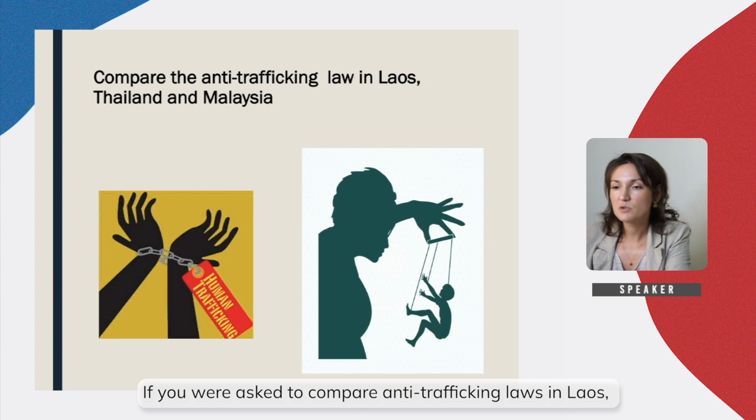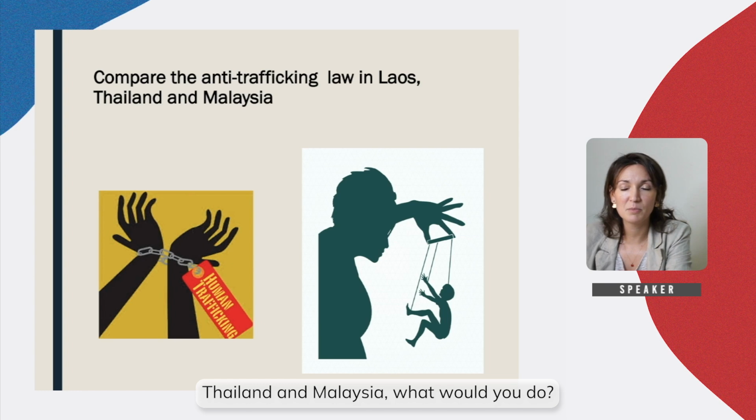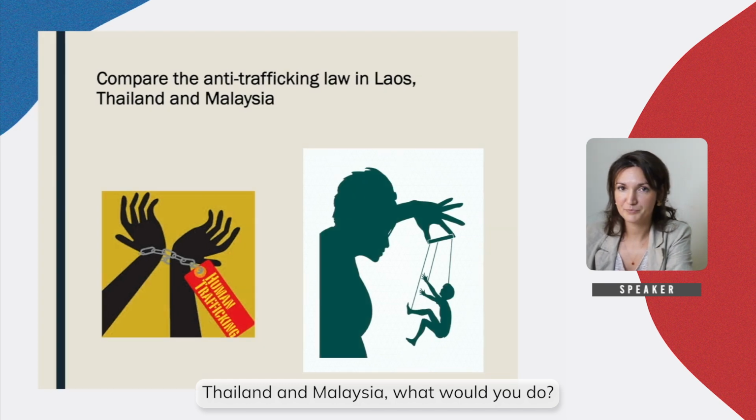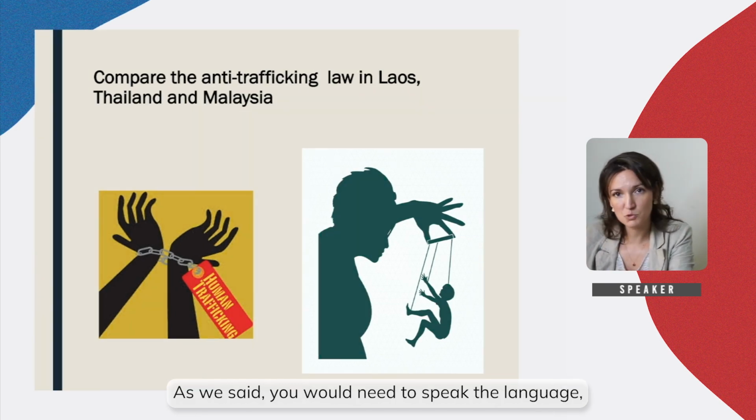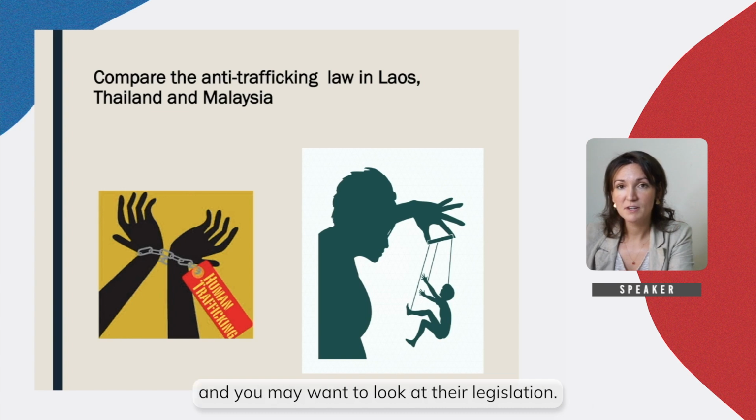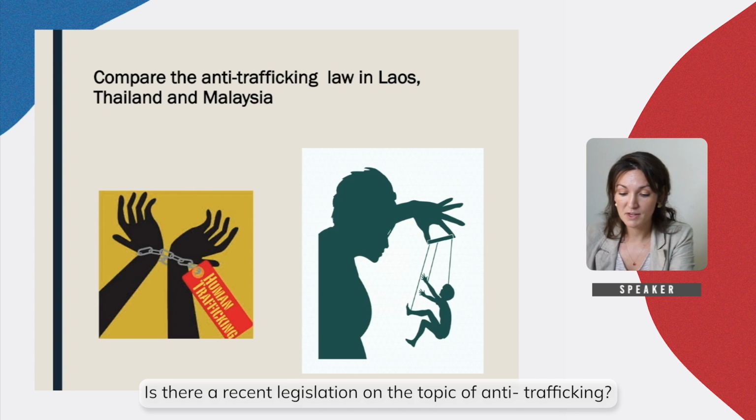If you were asked to compare anti-trafficking laws in Laos, Thailand, and Malaysia, what would you do? As we said, you would need to speak the language, and you may want to look at their legislation. Is there a recent legislation on the topic of anti-trafficking?